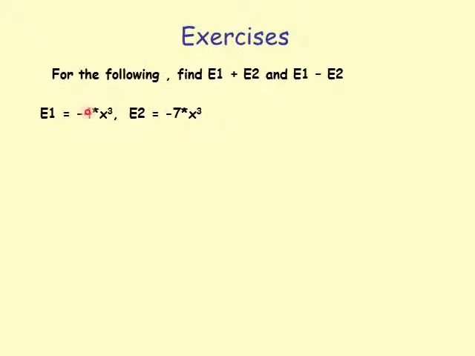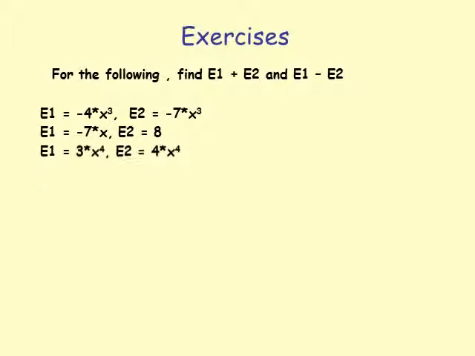E1 has one term and E2 also has one term. These are cubic expressions. Next, minus 7x for E1 and E2 is 8, which is a constant. E1 has an exponent of 1 and E2 has an exponent of 0.